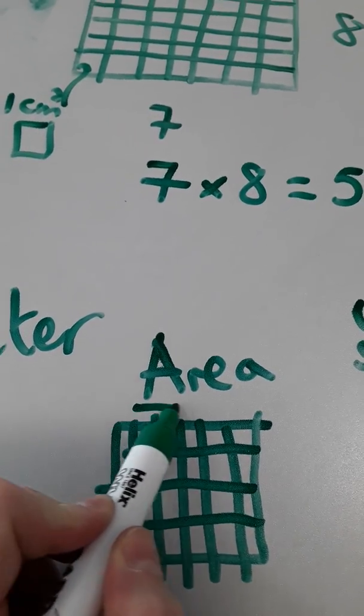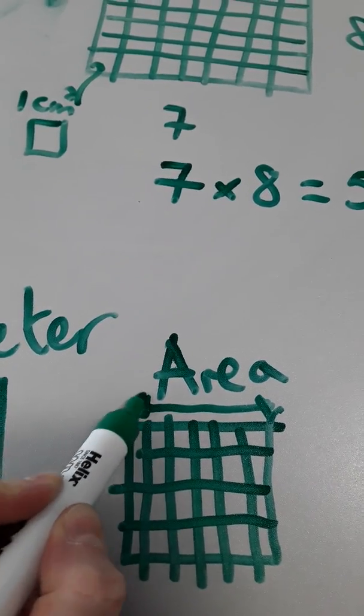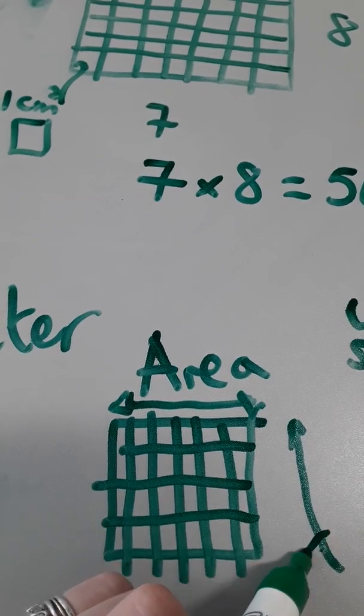Whereas here it's in 2D because it's described in both width and height. Sorry, that's really wonky, okay?